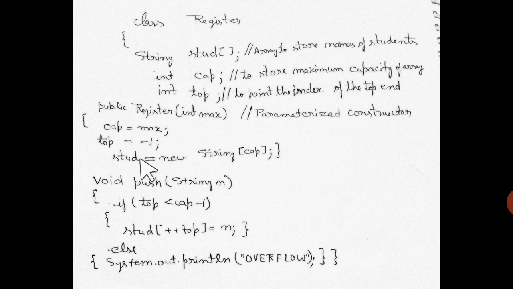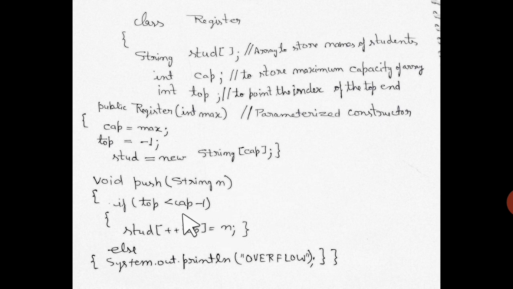Okay. After that, void push function, where we have to enter the data. So first top's value has to be checked against this cap -1, because if it is less than cap -1, then stud plus top equal to n will be there, right?